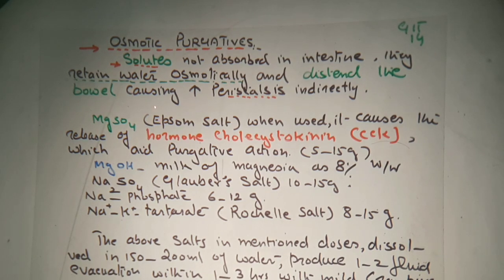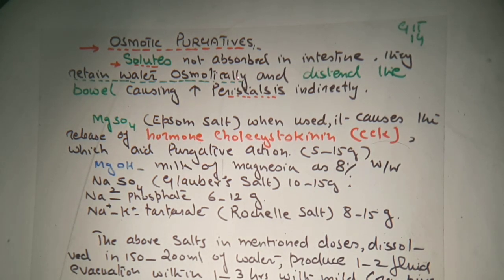What is the difference between solute and solvent, and between solute, solvent and solution? Solutes are those components which are added to the solvent, and when they are dissolved in the solvent, that forms the solution. So solutes are those particles which can be dissolved in the solvent.